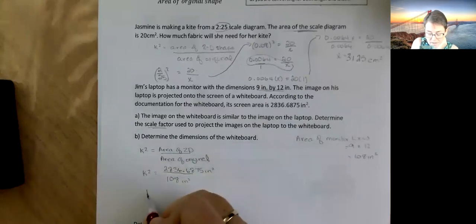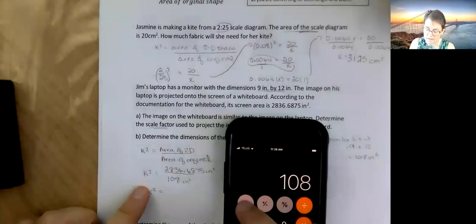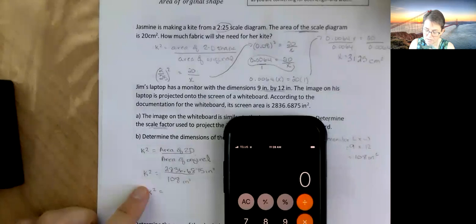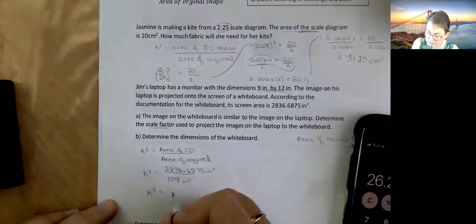All right, so k squared is 2836.6875 divided by 108. All right, so k squared is 26.226.